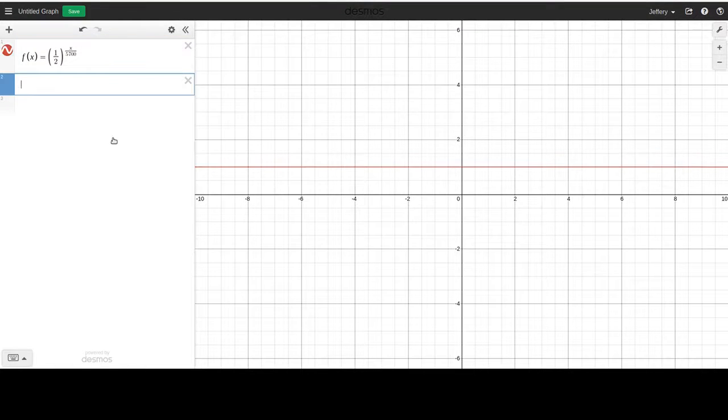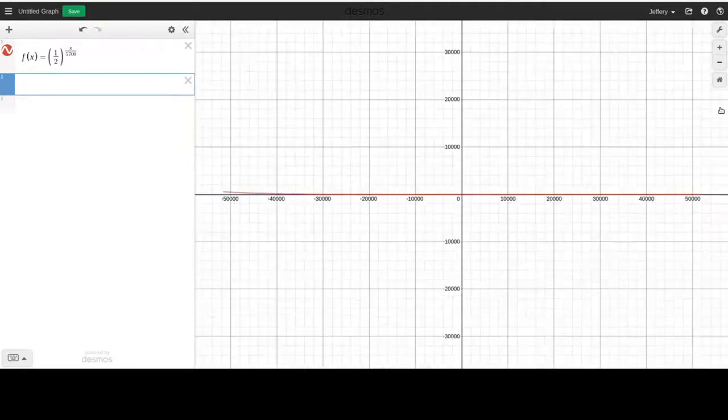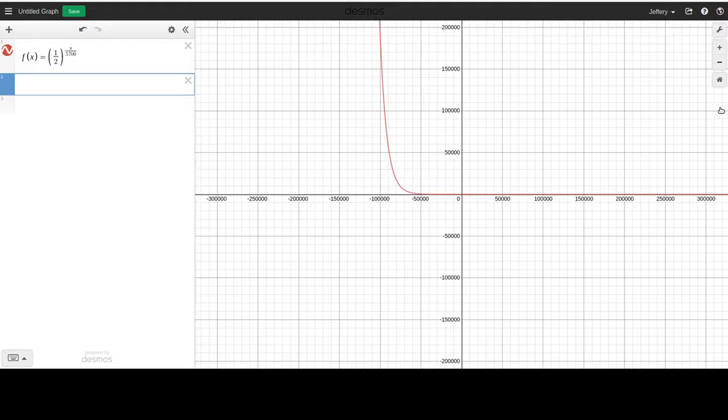And so this looks like a line, right? But notice I'm really close. We knew the numbers were big. If I were to scroll out, it does have an exponential curve to it. It's just at very large numbers on the negative side.